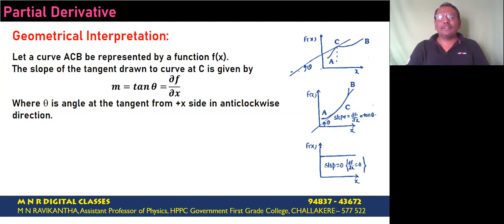The tangent of this angle theta is tan theta, and that tan theta is equal to dou f by dou x. It means the slope of the curve. If we want to know the rate at which the given physical quantity varies, simply draw a tangent to the curve at point C. That gives us the rate at which the given physical quantity is varying at C.